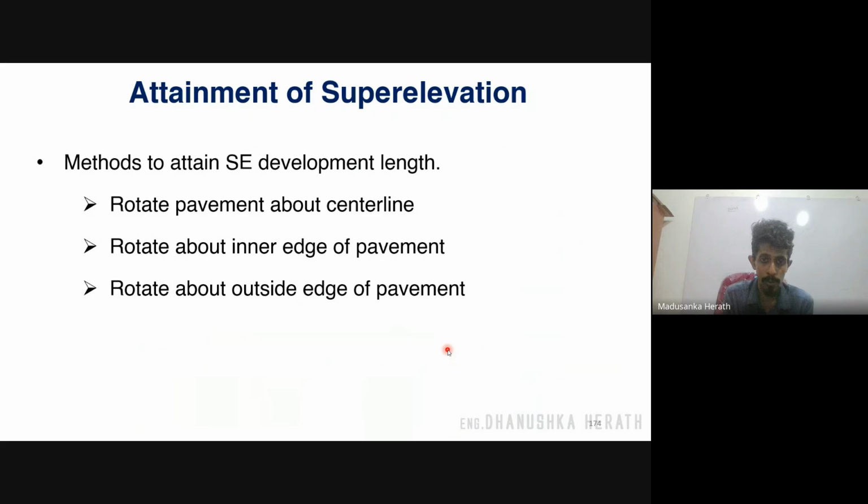We can rotate the pavement about the center line, or we can rotate the pavement about the inner edge, or we can rotate about the outside edge. Right, we'll see.